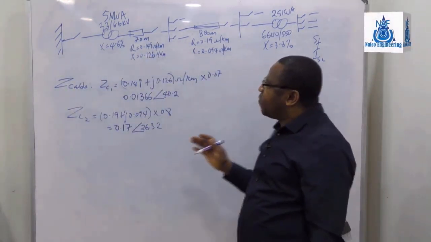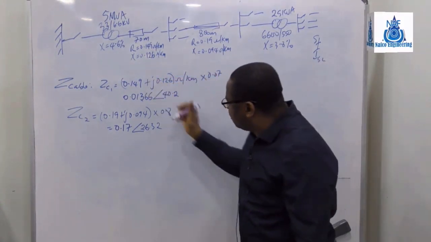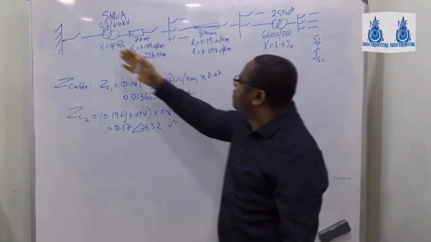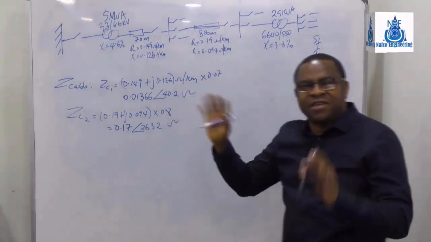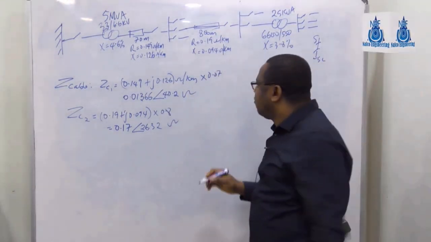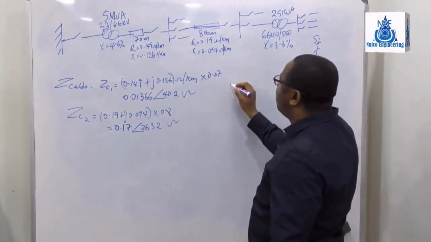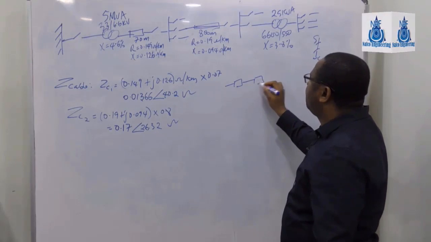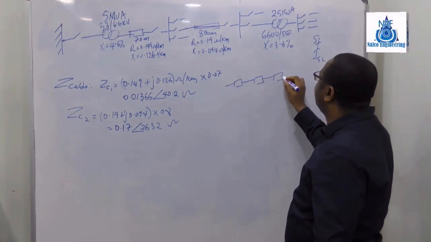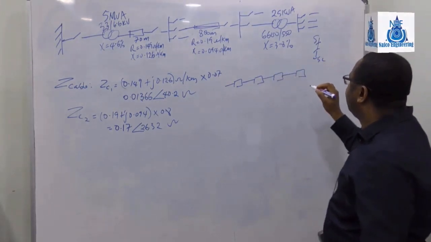Now, all this is in ohms, but this is in per unit and not in ohms. So we must get everything first in per unit, right? Because if I can get everything in per unit, I'm just going to have transformer impedance in per unit, cable impedance in per unit, another cable in per unit, and this transformer in per unit. That's all.